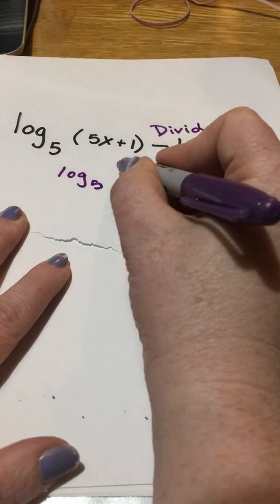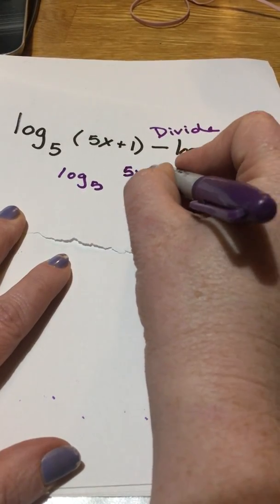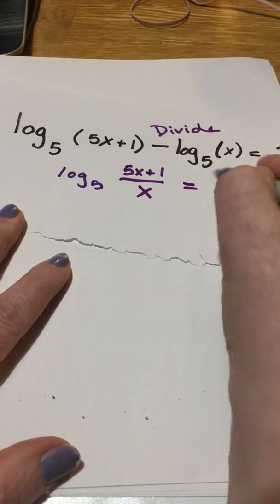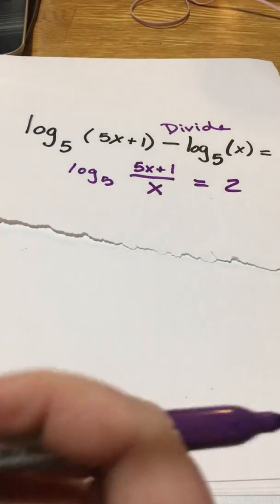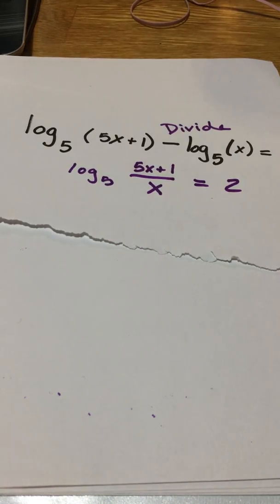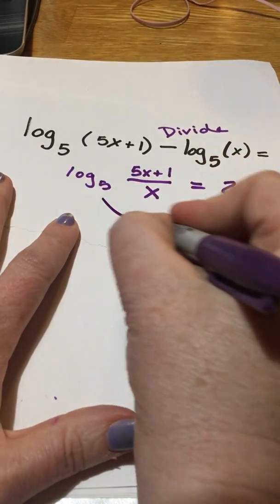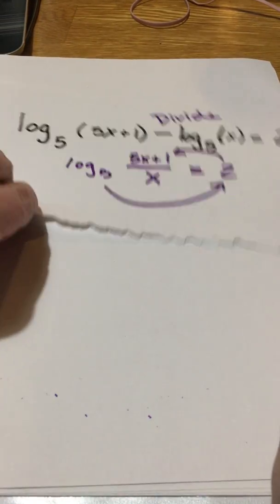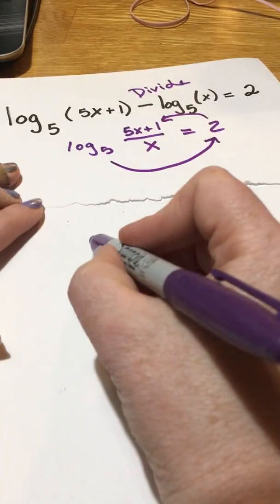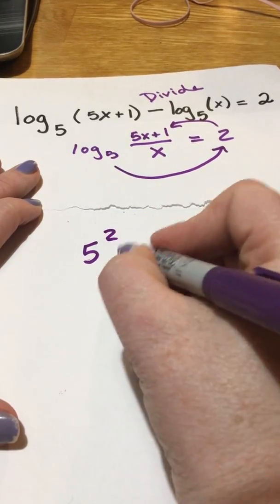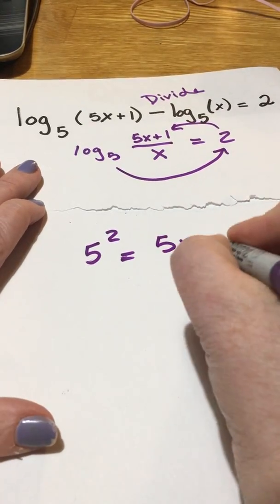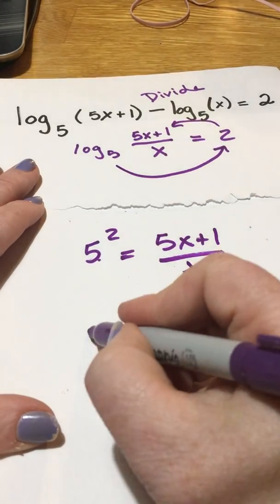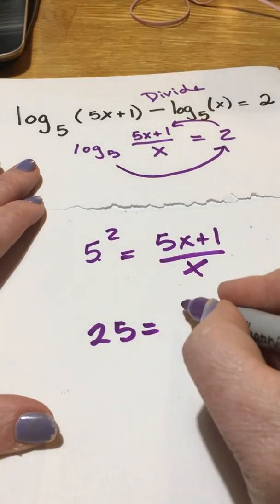So to divide, it's going to be 5x plus 1 over x. Now it still equals that 2. So what do we do? If I don't have another log, I loop-de-loop it. So I go 5 to the second equals this piece. So it'll be 5 to the second equals 5x plus 1 over x. Well, then you figure out what 5 squared is, which in this case is 25.